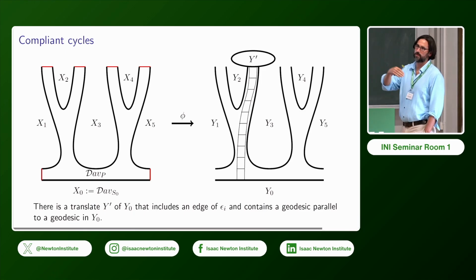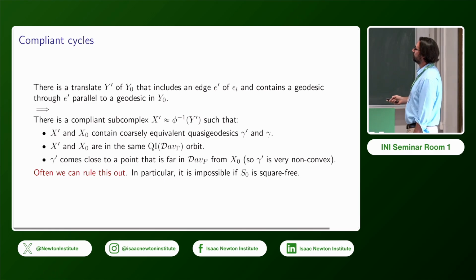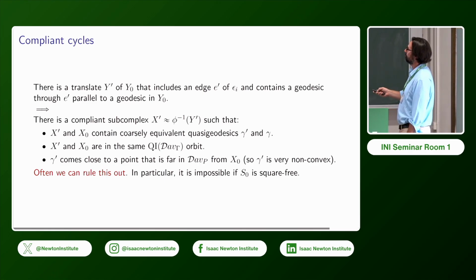And now you want to pull this back to the Coxeter group side. So apply the inverse quasi-isometry. So this is where we ended up on the previous slide. There's a Y prime that's a translate of Y0, and it contains an edge that's parallel to an edge of that one. And so if you pull this back by the inverse quasi-isometry, you get some compliant subcomplex X prime.